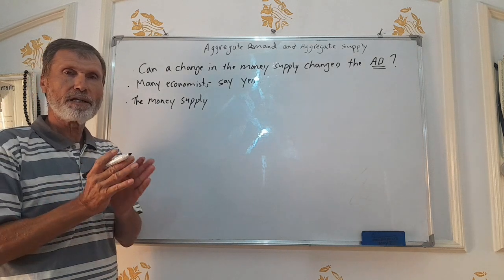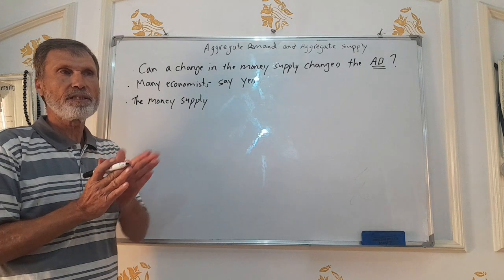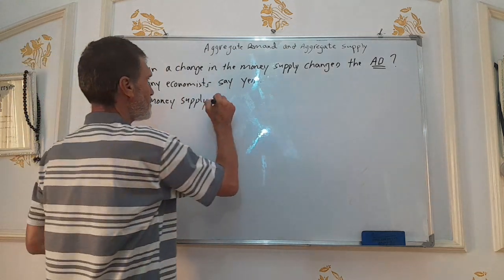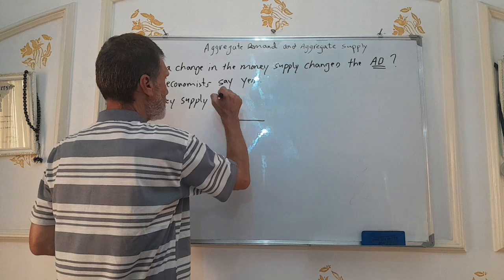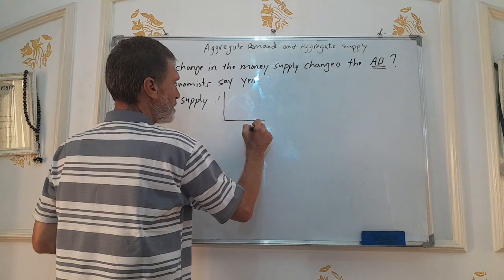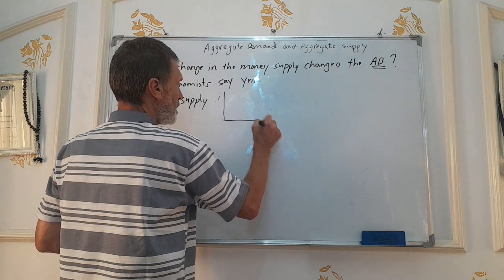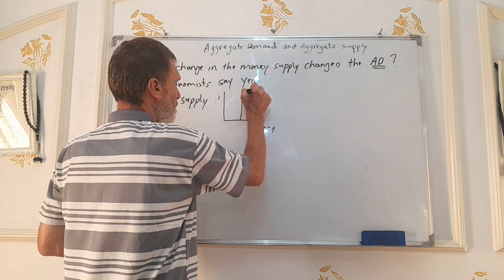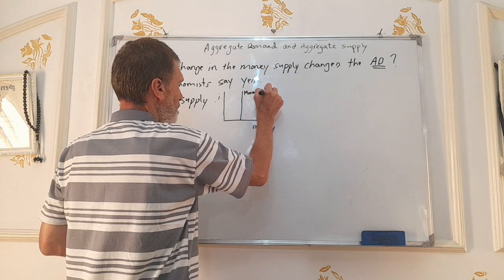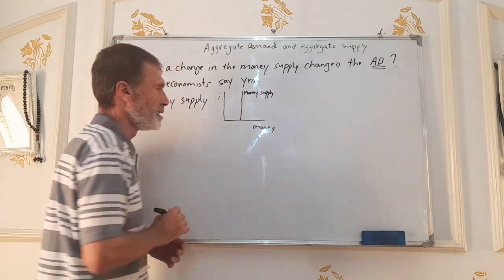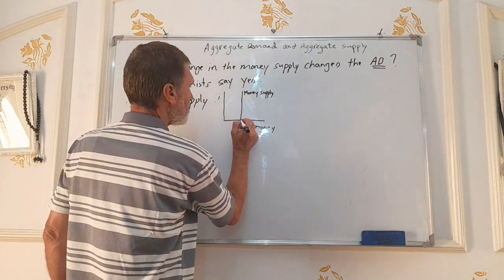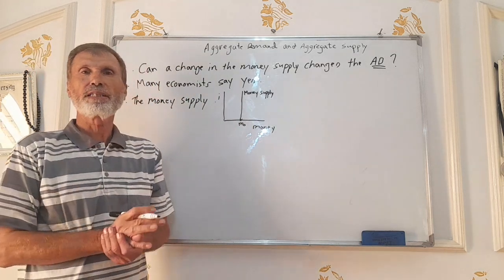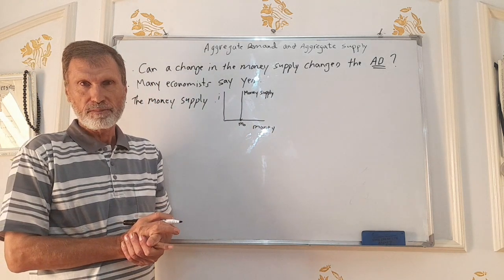Usually the money supply curve is represented as a vertical curve. That's the money supply. This is the interest rate, and this is the amount of money here. The money supply is determined by the central bank, so it is known.